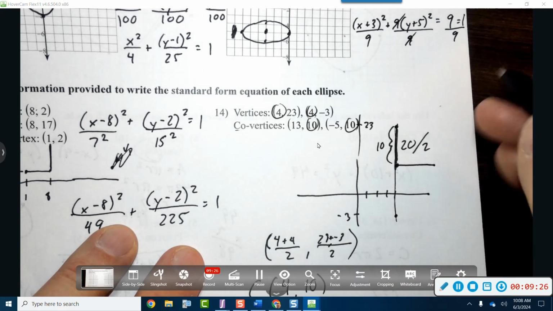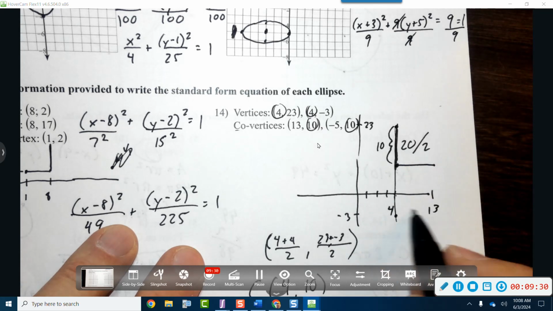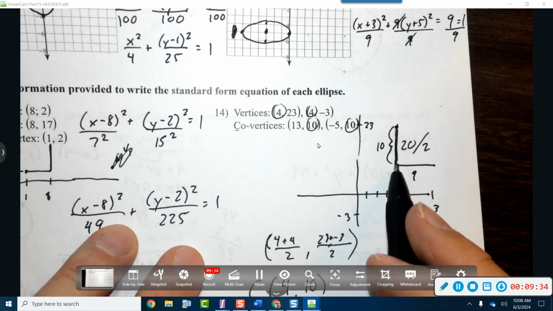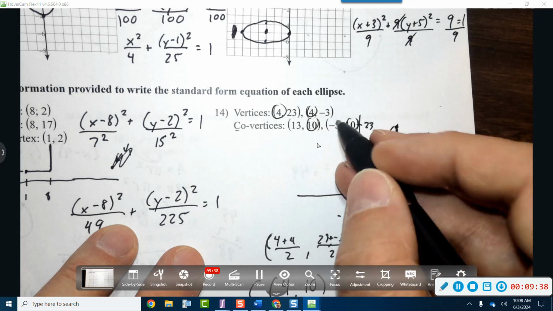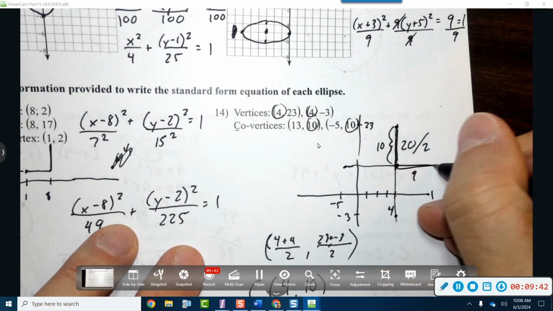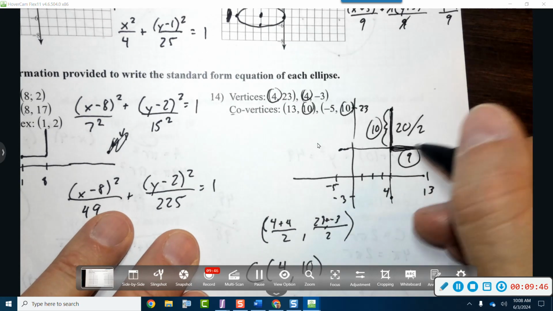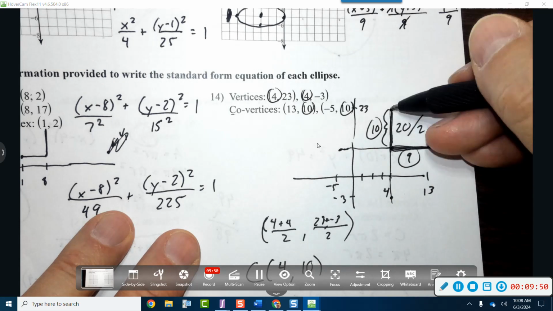Okay. And from 4, if we're going all the way to 13, that's a distance of 9. Okay, and let's just double check, make sure we're going 9 this way. If we went 9 this way, that would take us to -5. Okay, that's good. So this means that distance is 9. So underneath the x, we're going to have 9 squared, and underneath the y, we will have 10 squared.